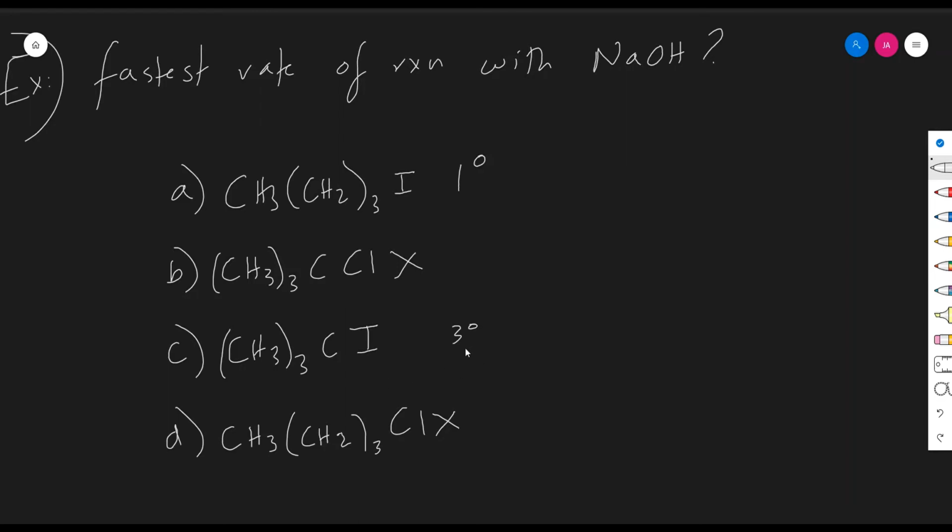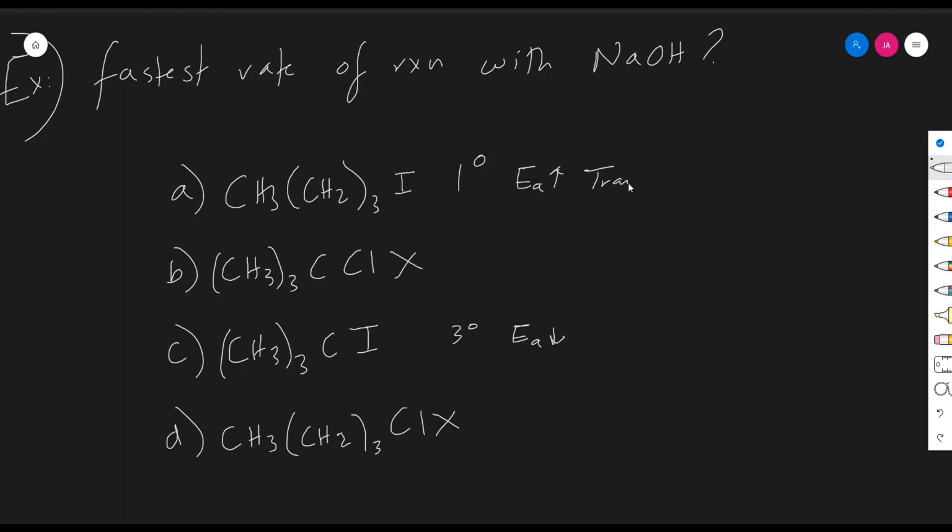The tertiary halogenoalkane undergoes a two-step mechanism, which is an SN1 nucleophilic substitution mechanism, forming a carbocation intermediate, which requires less activation energy to form than in an SN2 mechanism, which is a one-step mechanism that requires the formation of a transition state and thus has a higher activation energy.